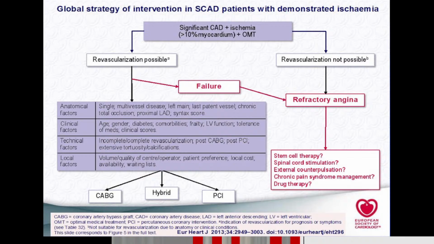The next slide shows the global strategy of intervention in stable coronary artery disease patients with demonstrated ischemia. So, if the patient has significant coronary artery disease, having ischemia of more than 10% of myocardial involvement, and on the optimal medication or therapy, we consider here two ways.